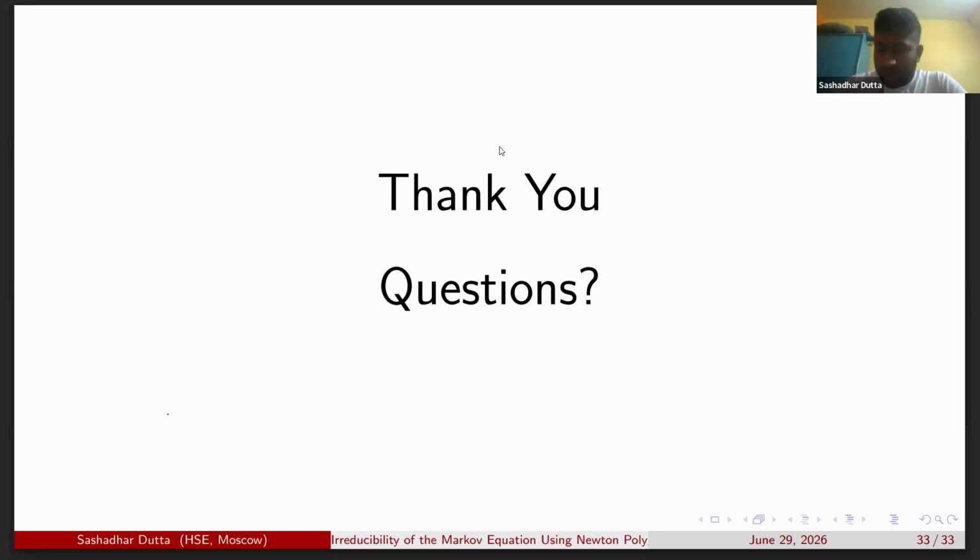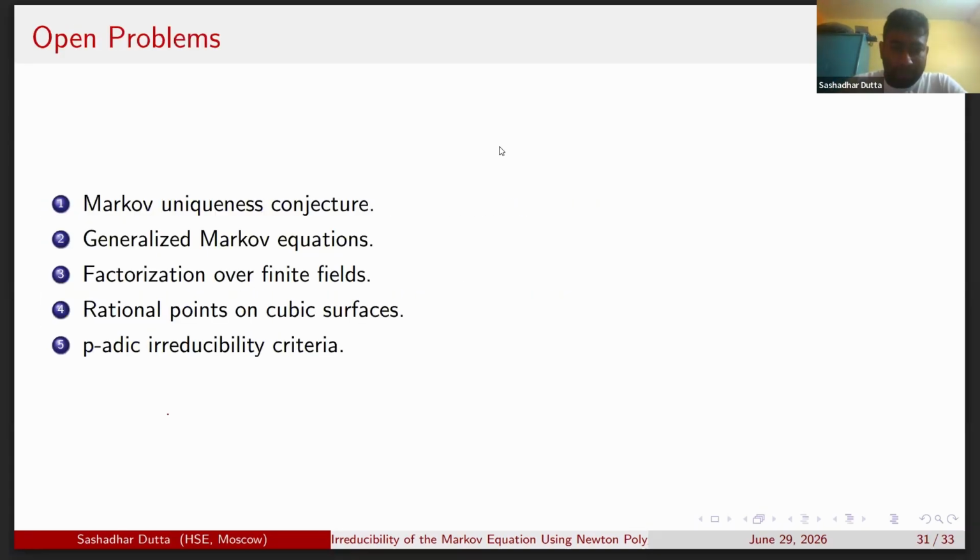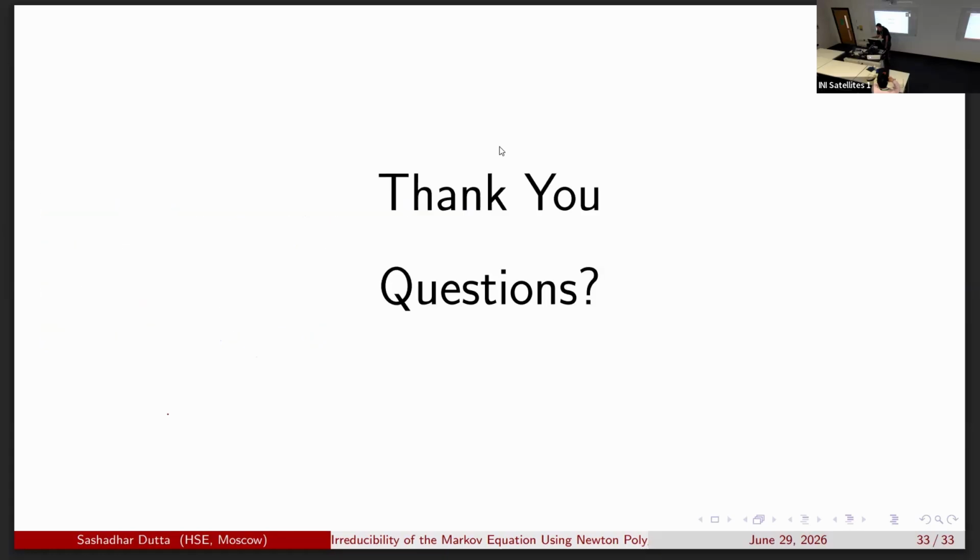Which slide? Well, that's my point. If I follow the argument correctly, there's no particular step that wouldn't work with a different equation, as long as it has three variables. Yes, yes. Okay, all right. I just wasn't sure. I thought maybe I missed it.